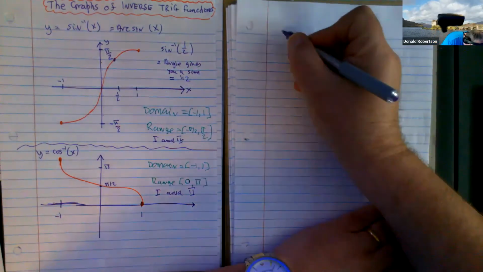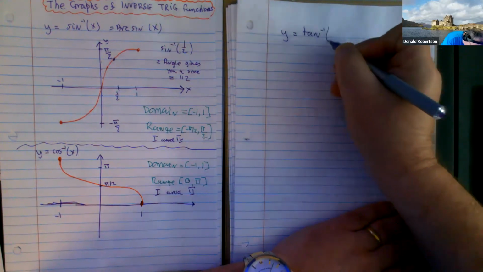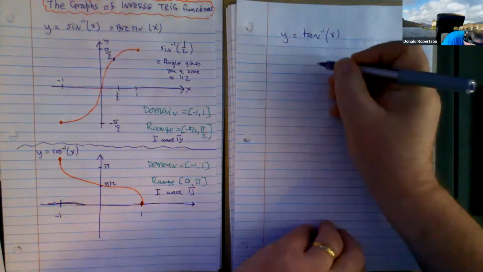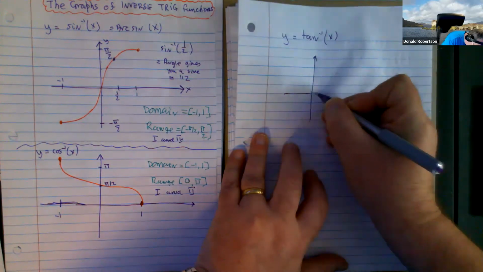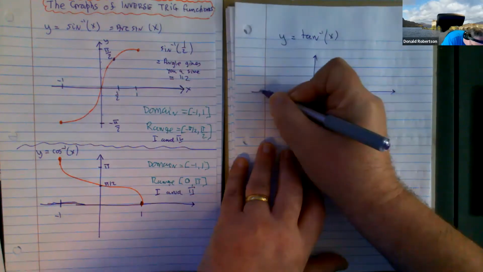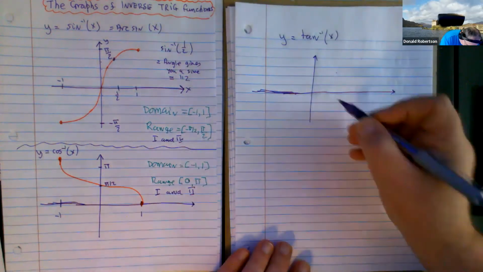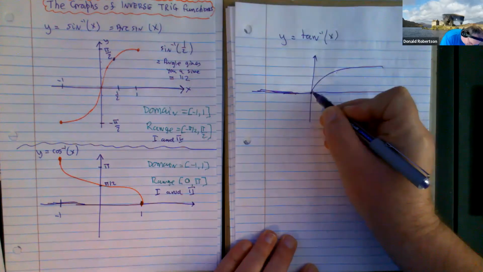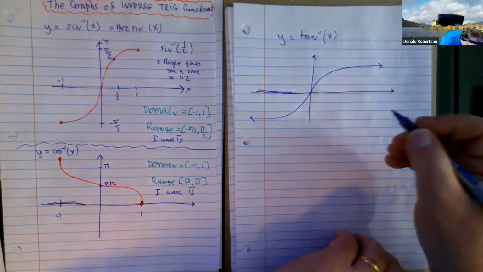And for the final one, the inverse tan. Oh dear, that was a horrible drawing, sorry about that. This is what the inverse tan looks like. Also called the arctan.